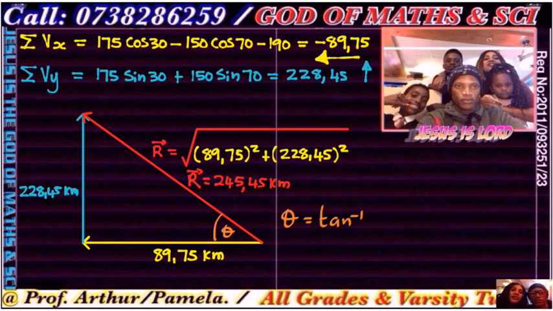Tangent is opposite, which means 228,45 divided by the 89,75. We did this one in full. We did beyond what they asked. All right, because we must show them we know how to do this. So we got 228,45 divided by 89,75. Close the bracket. You have 68.